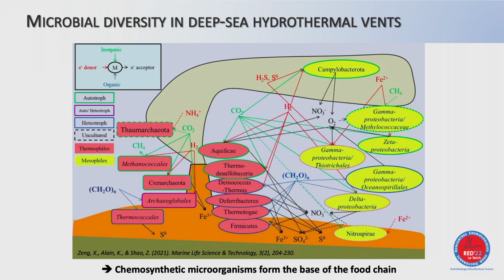And further away, you can also find mesophiles. And you can see that they exchange all the redox reactions to grow in these ecosystems. And you can see that autotrophs here in the green are supplying the food for heterotrophs. So those microorganisms form the base of the food chain in those deep sea vents.